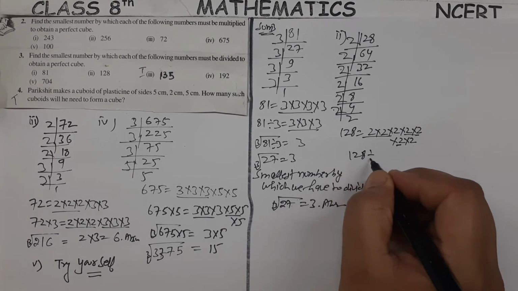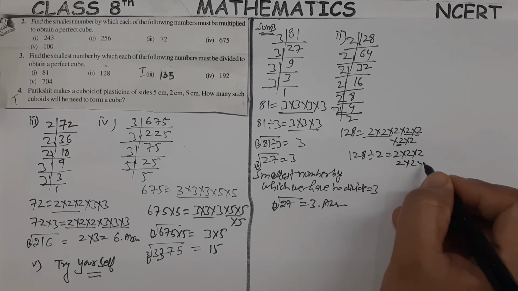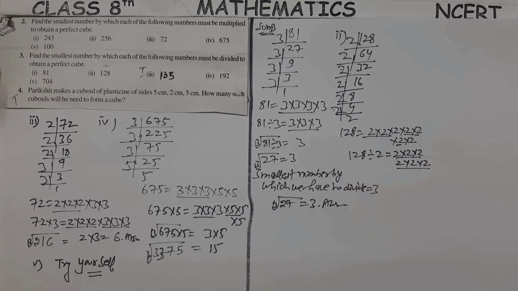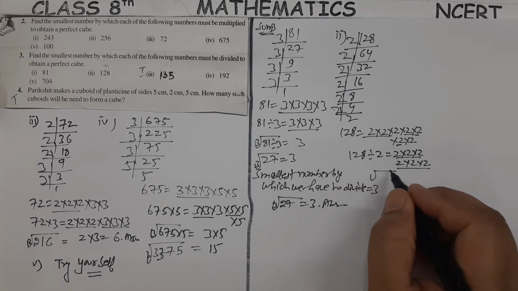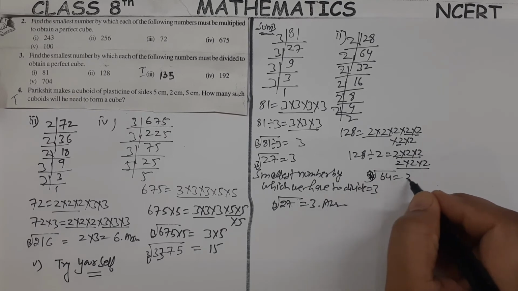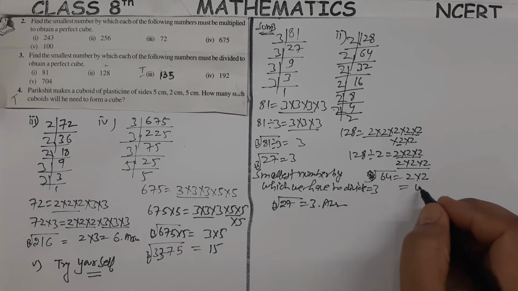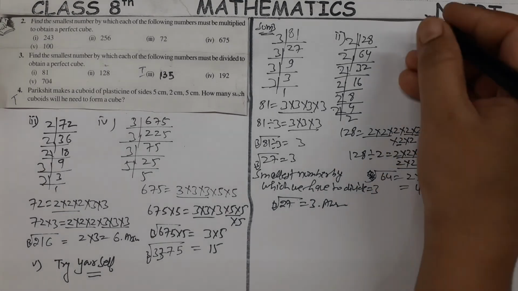Divide both sides by 2. 6 times 2 remaining. Hence the cube root of, after division, 64 is 4. Smallest number by which we have to divide is 2, and the cube root of 64 is 4.